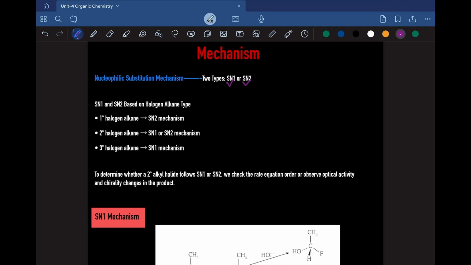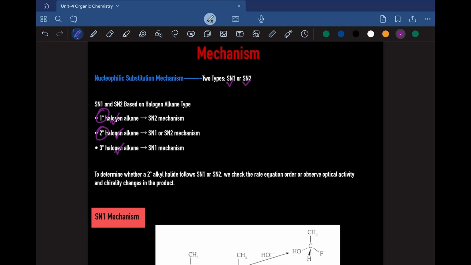We know about the halogenoalkanes, right? 1 degree halogenoalkane, 2 degree halogenoalkane and 3 degree halogenoalkane. In a 1 degree halogenoalkane, the carbon atom which is attached to the halogen atom, let's say the chlorine atom, will be attached to only one other carbon atom, or it can also be attached to no carbon atoms.